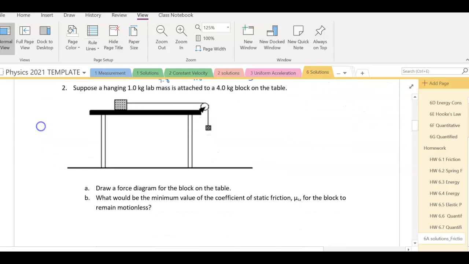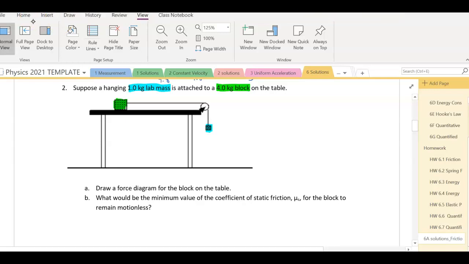Here we have a small lab mass. That's this small mass right here. It is attached by a string that's rising over a pulley to a 4 kilogram block that is sitting on the table.